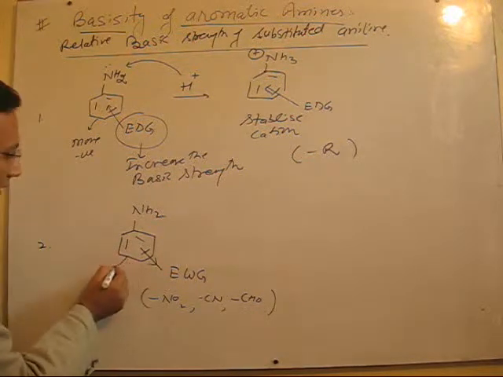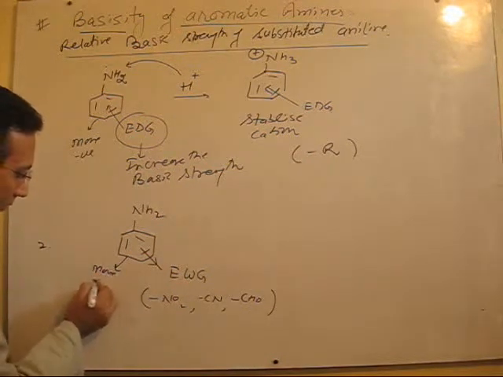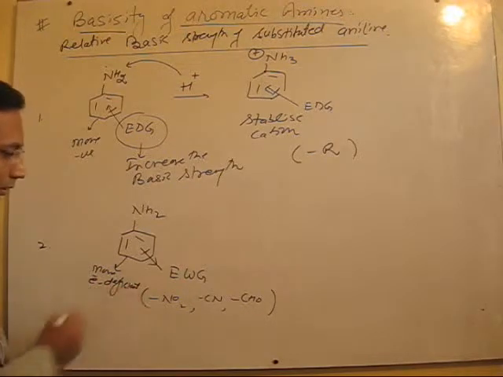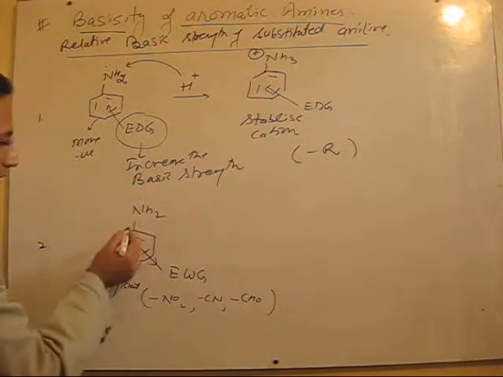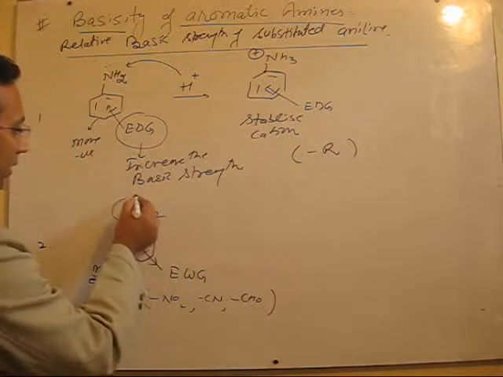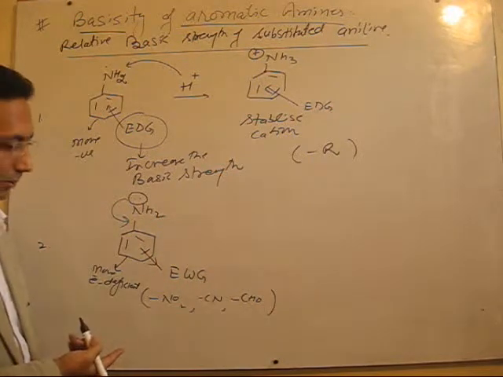As a result, they will make this ring more electron deficient. As a result, the ring has more tendency to attract these electrons towards itself. As a result, the availability of lone pair on nitrogen is going to decrease.